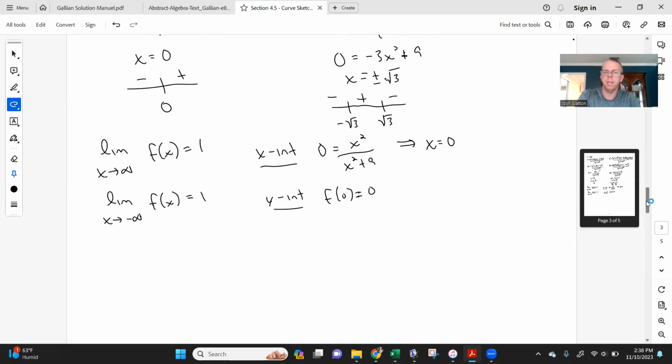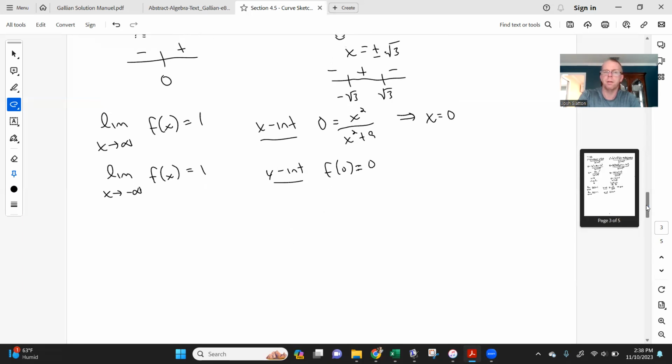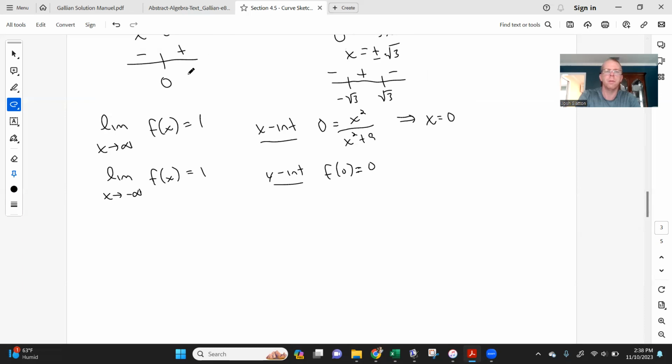And then the last thing we need is to put the critical values from the first derivative and the second derivative together on a table and see what the shape of the graph looks like. So we have negative square root 3, 0, and square root 3. And then we're going to do the same thing where we look at the first derivative and the second derivative and see what the shape is.